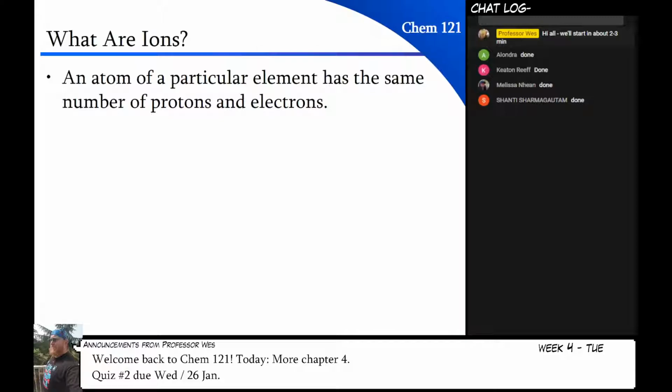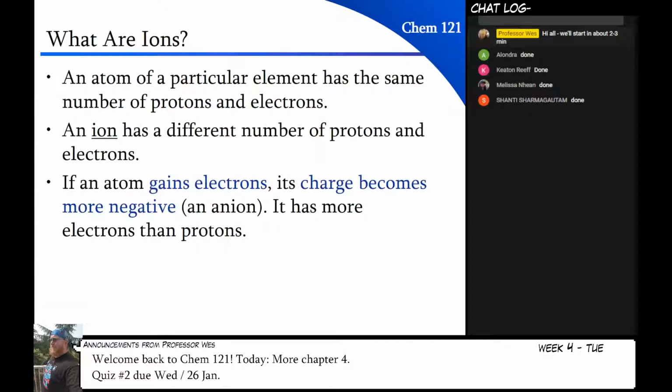All right, so this is where I formally introduce the concept of ions. An ion has different numbers of protons and electrons, and we've been working with these all throughout class today. We're going to be moving electrons to and from atoms and rearranging their number of electrons.